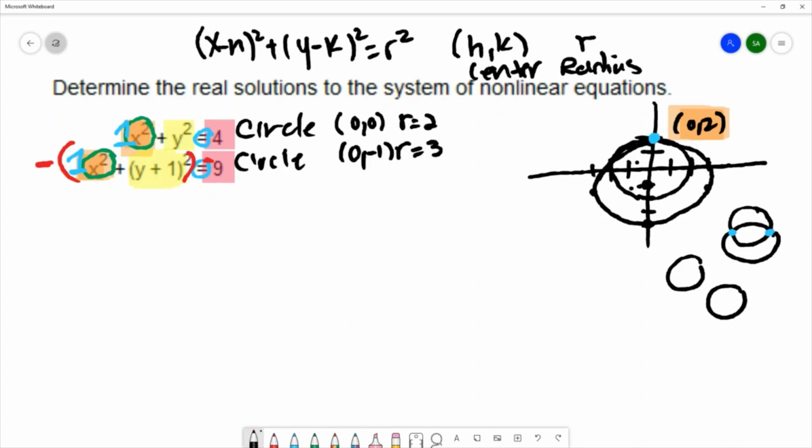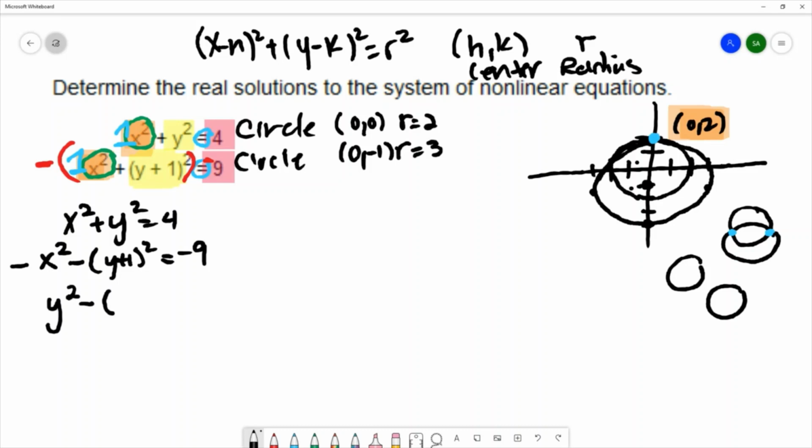That's going to give me a new system of x squared plus y squared equals 4, negative x squared minus (y plus 1) squared equals -9. Now when we add the equations together, the x's will eliminate. The y's will write out as y squared minus (y plus 1) squared, and 4 minus 9 is -5.